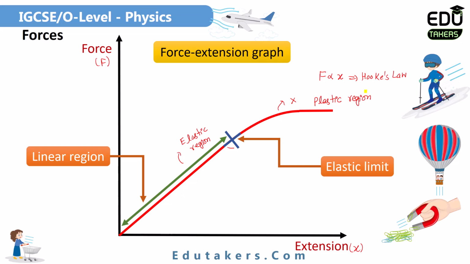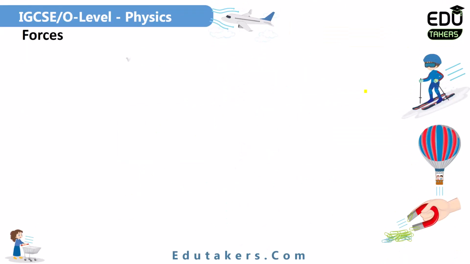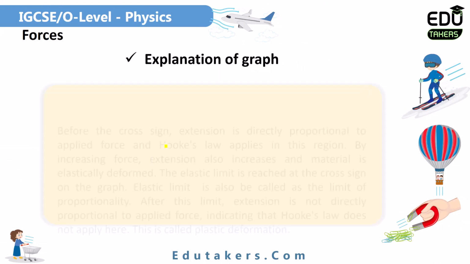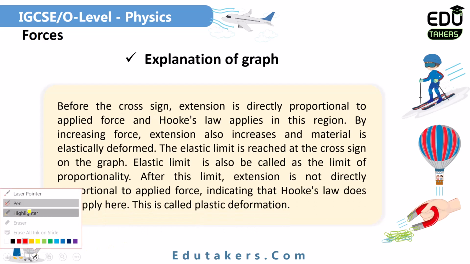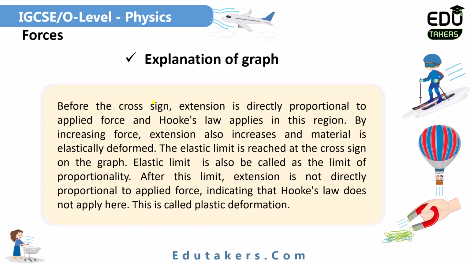Now let's see the explanation for that. It's given here. Before the cross sign, extension is directly proportional to the applied force and Hooke's law applies in this region. In the first region where there is a straight line, the extension is directly proportional to the applied force and Hooke's law is applied in this region.